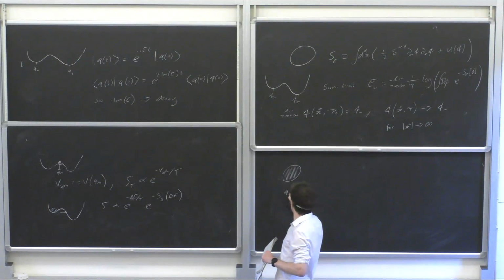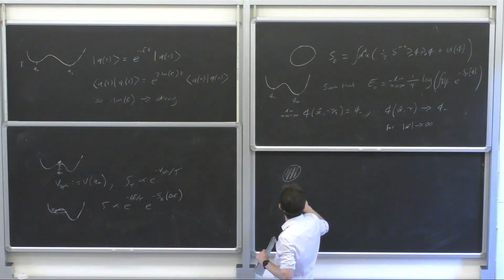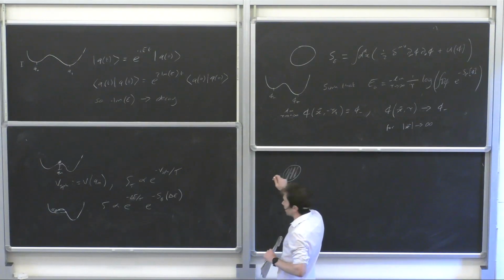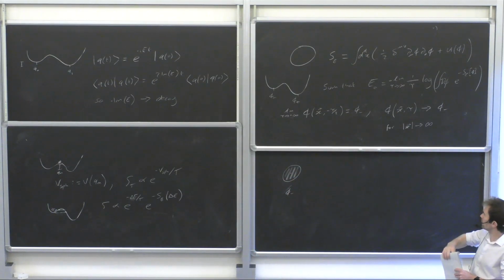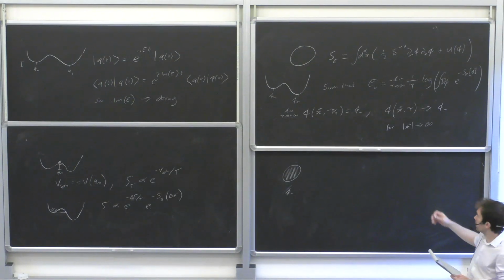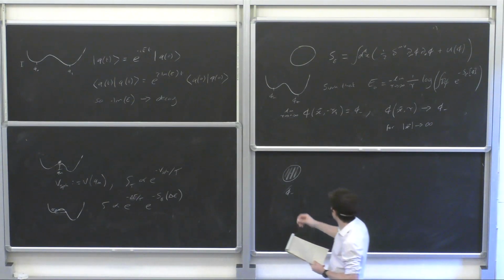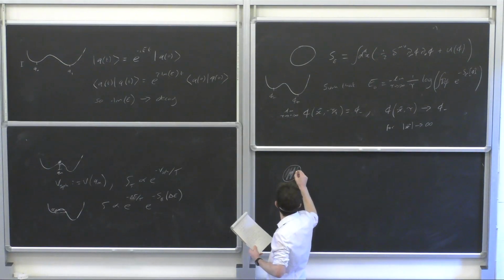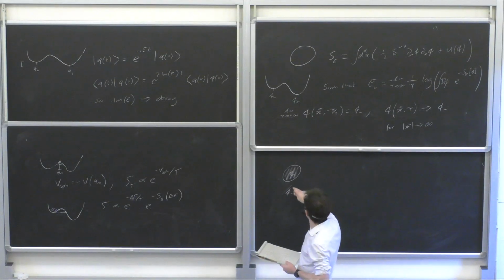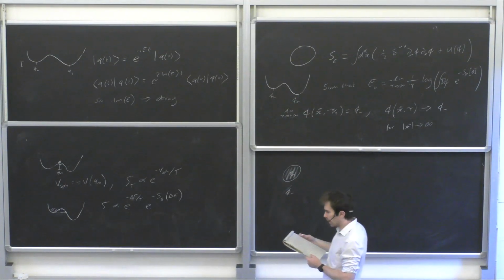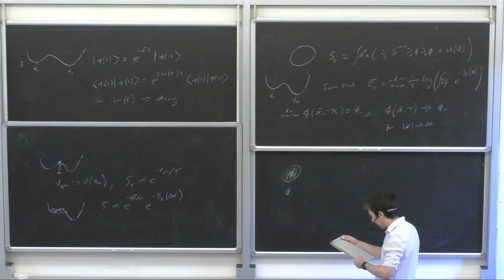We have phi minus outside, and some value inside that is going to be, depending on how the energy difference between the two vacua is set up, maybe somewhere near phi plus, or at least on the other side of this barrier. And then because we want finite action everywhere else outside, we have to be at phi minus as well.